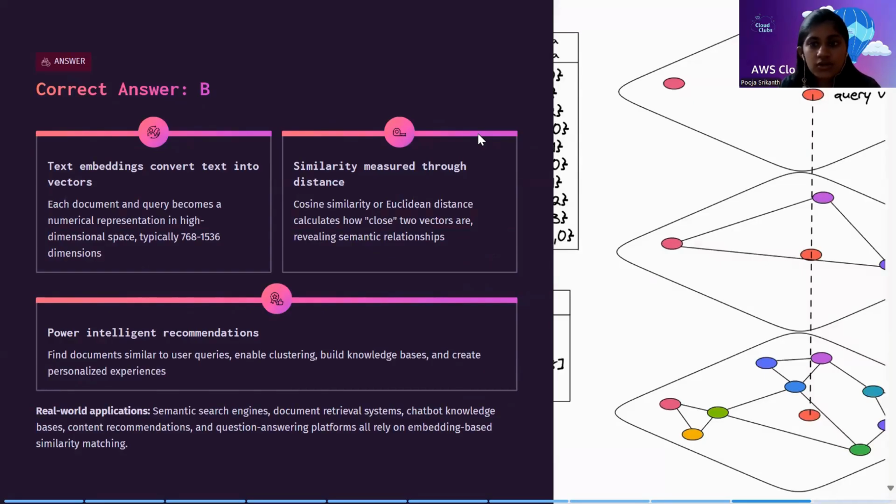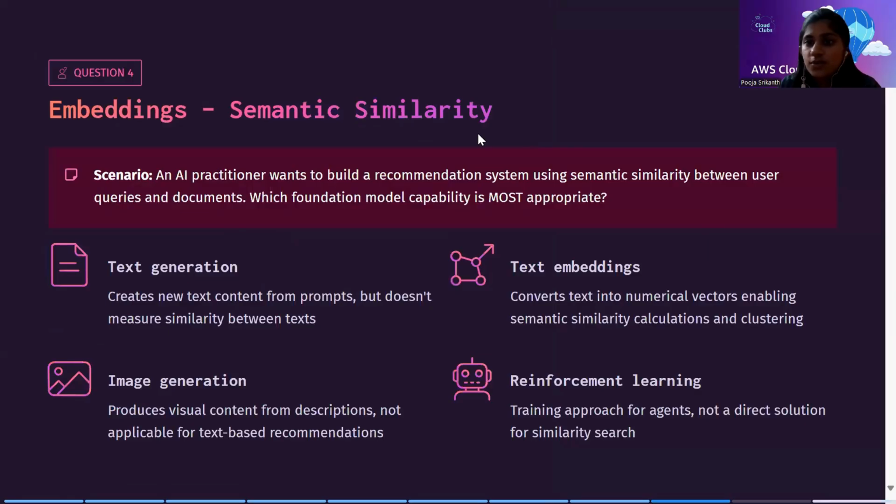We'll come back to this question right now. Try to focus on the words semantic similarity. When it comes to semantic similarity, you should be able to rule out keywords like text generation, image generation, and reinforcement learning. Text generation and image generation, and even combinations of them like multi-modal models, are ruled out here.